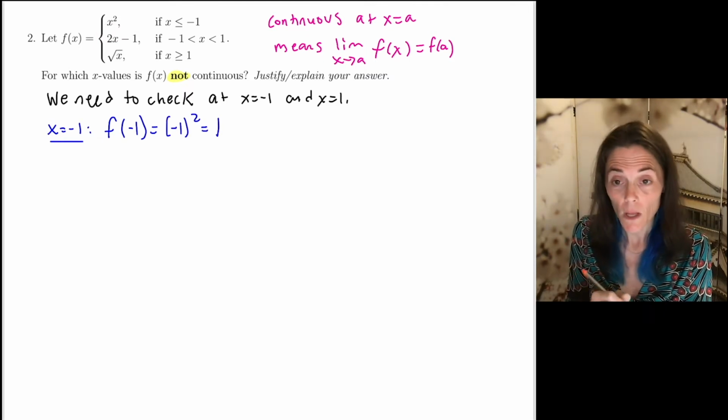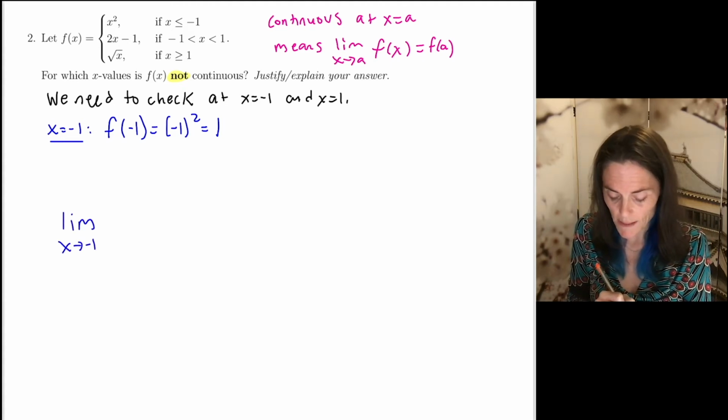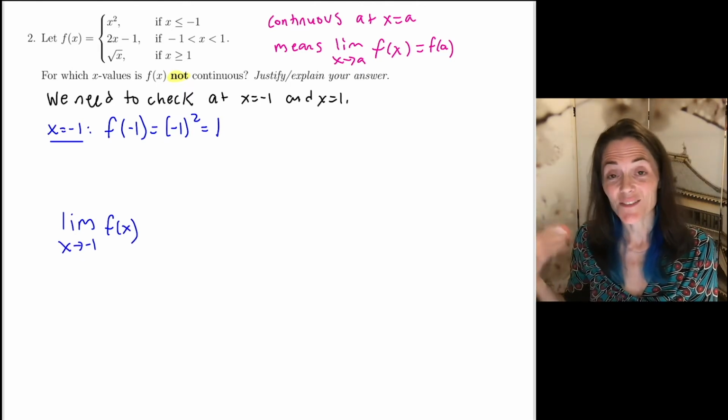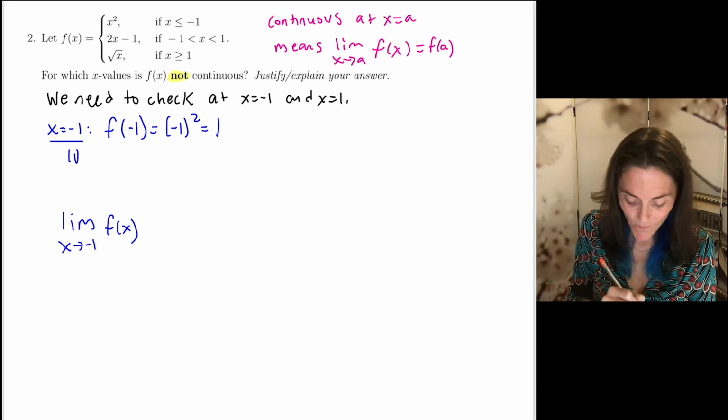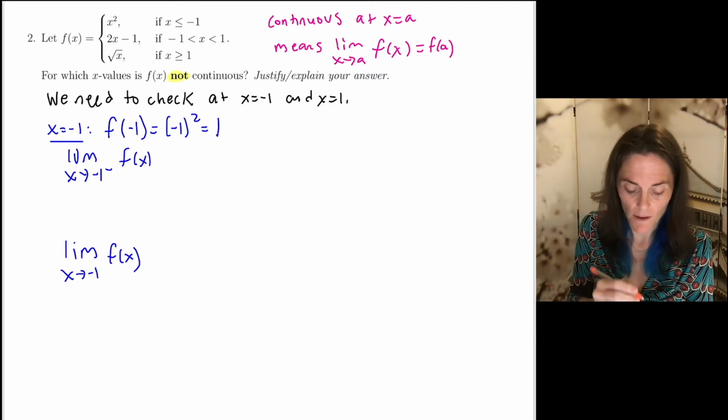Okay, now, if I want to figure out the limit as x approaches -1 of f of x, I need to look to the left and look to the right. So I will first calculate the limit coming from the left. And second, I will calculate the limit from the right.